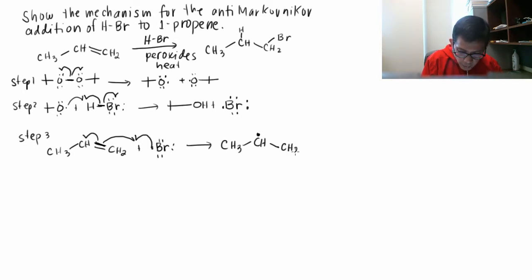Now on the carbon to the right you have CH2 with the Br attached to it. So the lone electron is now on the middle carbon.